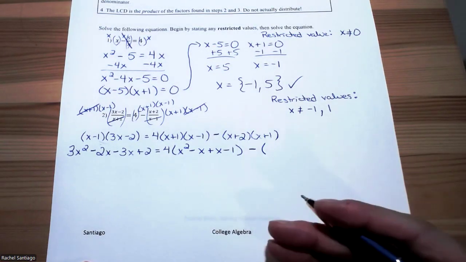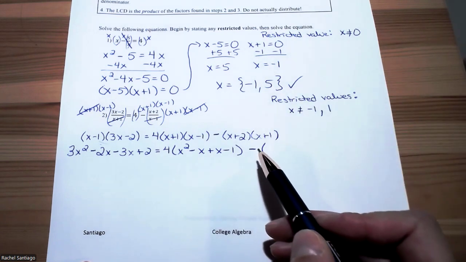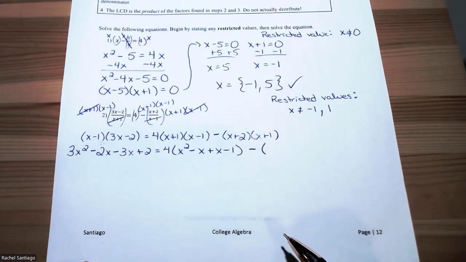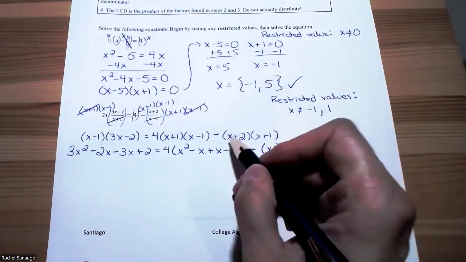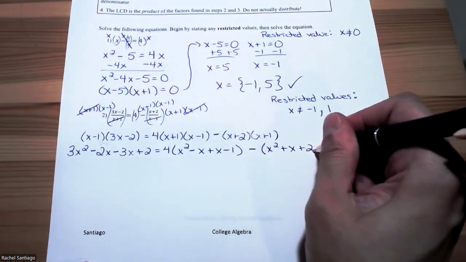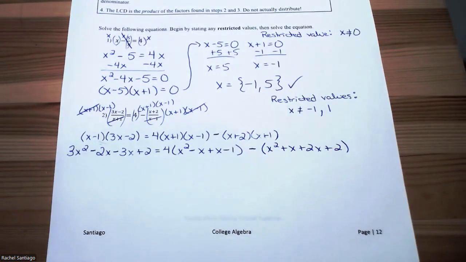We need to maintain parentheses until we distribute that negative throughout. So I'm going to multiply these two, but I'm going to keep that negative in front. x squared plus x plus 2x plus 2. Cool, not bad.